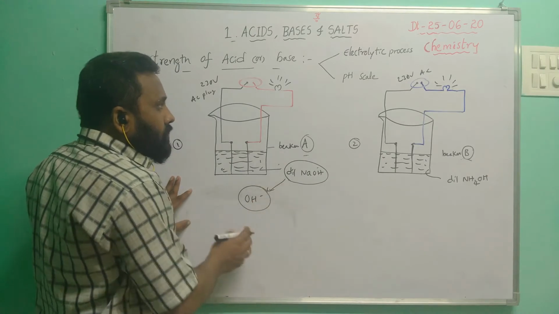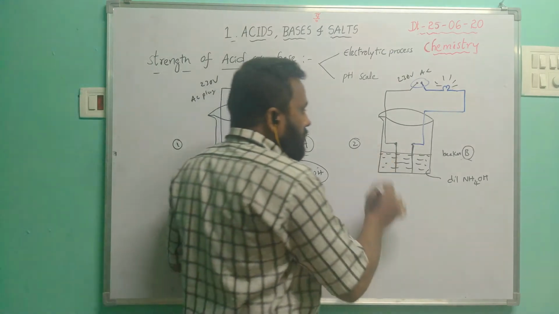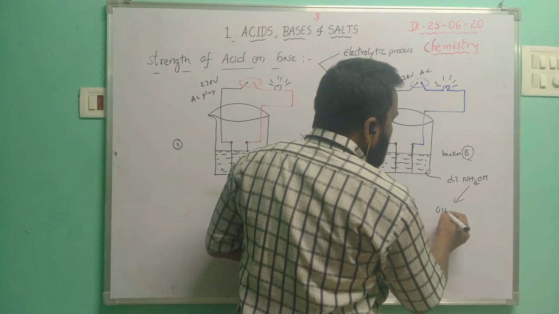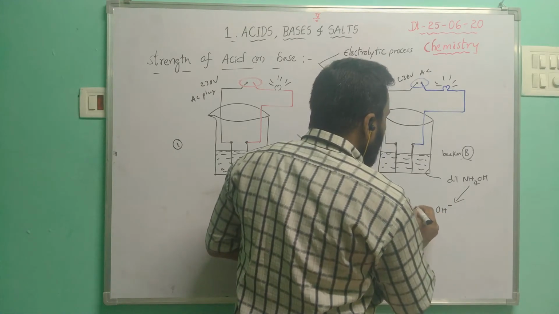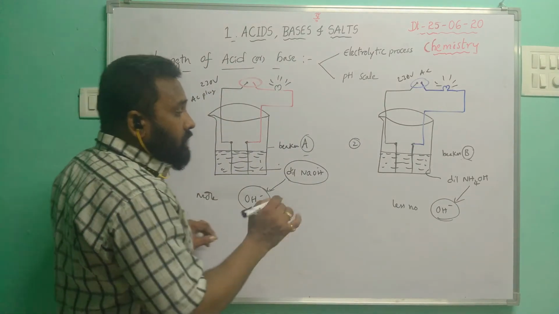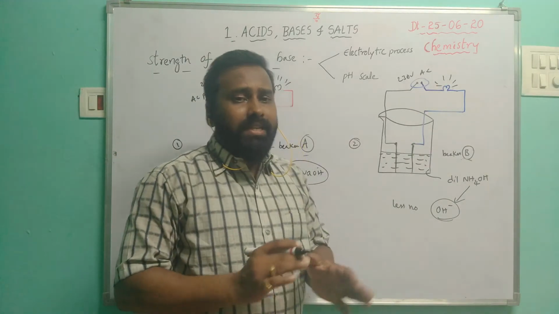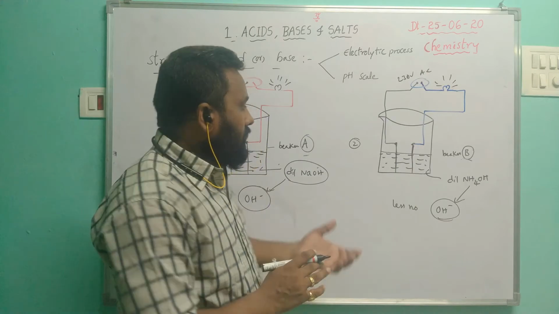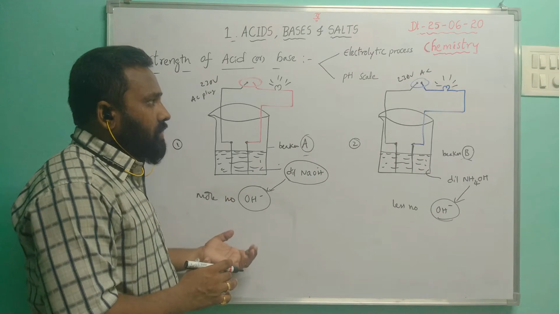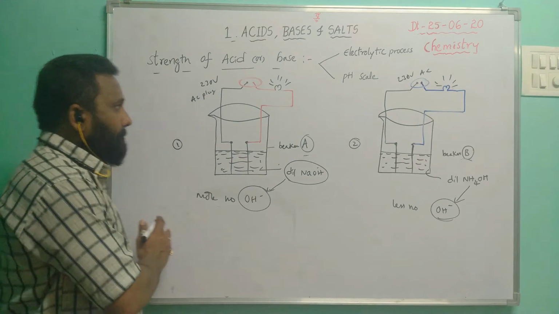In the case of ammonium hydroxide, it produces fewer OH- ions, so the bulb glows with low intensity. So NaOH is the strong base and ammonium hydroxide is the weak base.